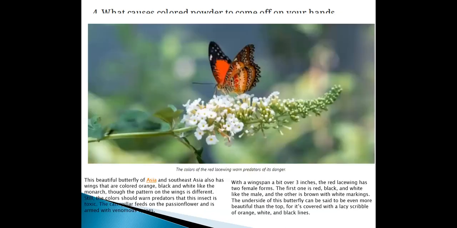Next is a very beautiful butterfly which you have observed. See the colors they have, and they are wonderful butterflies, but you know, they have venomous spines when they are in the caterpillar stage. So it is quite dangerous for us to deal with these kinds of butterflies in and around.